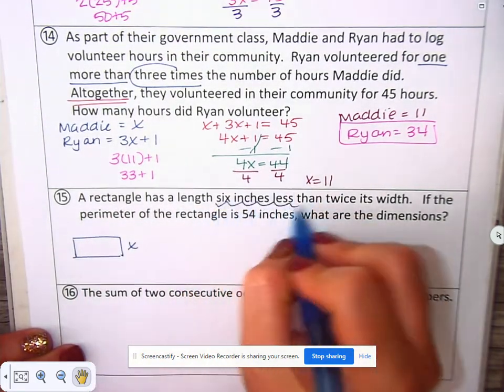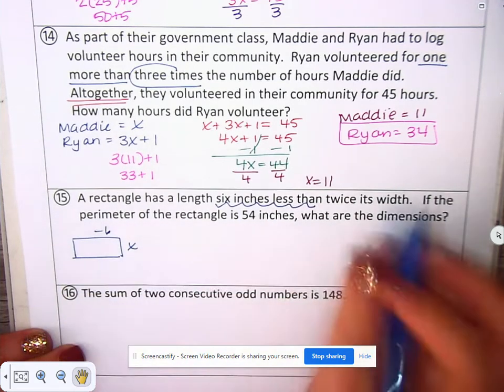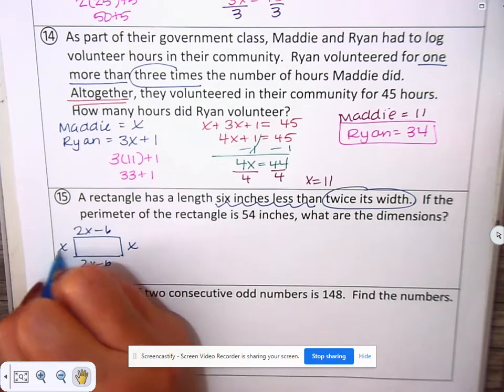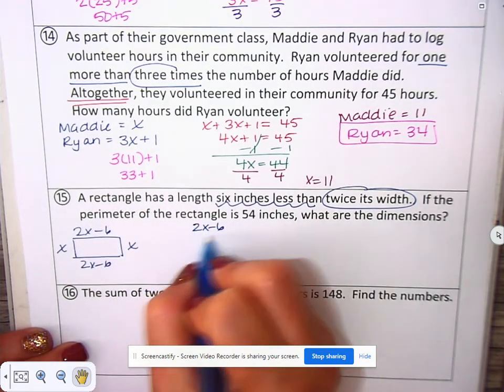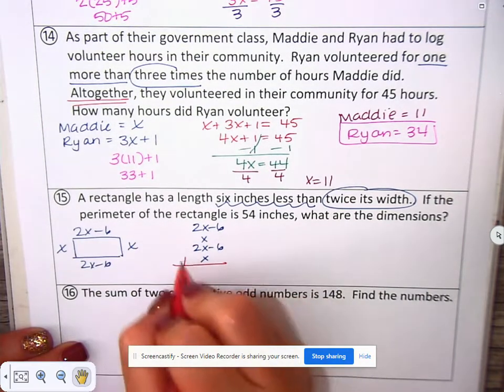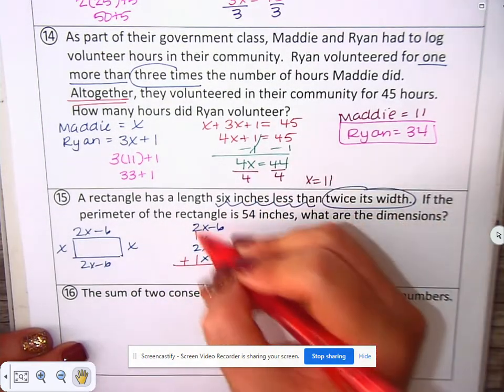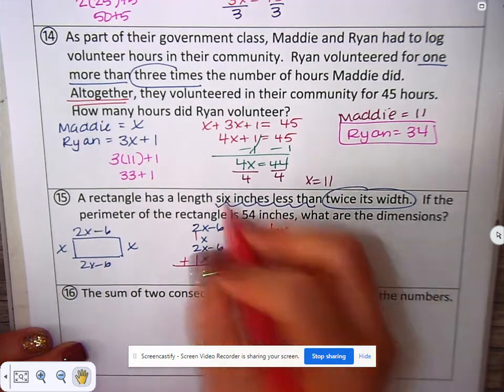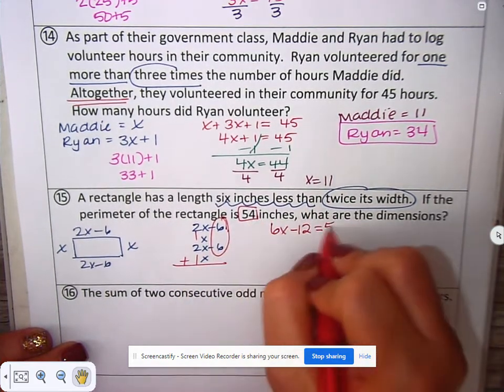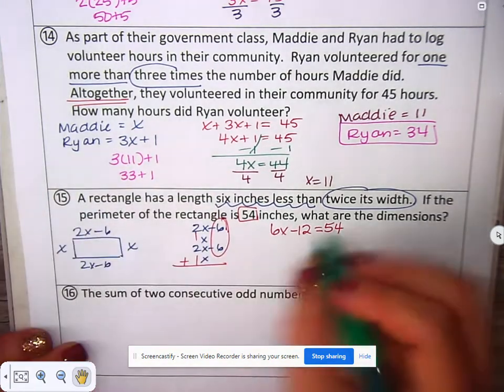Okay, a rectangle has a length that is 6 inches less than, so that means minus 6, twice the width, which is 2x. Opposite sides are the same, so we're going to add that up. And when I add that up, remember these are 1, so that's 2, 3, 4, 5, 6x. Negative 6 and negative 6 is minus 12, and that equals the 54 that's in the problem.